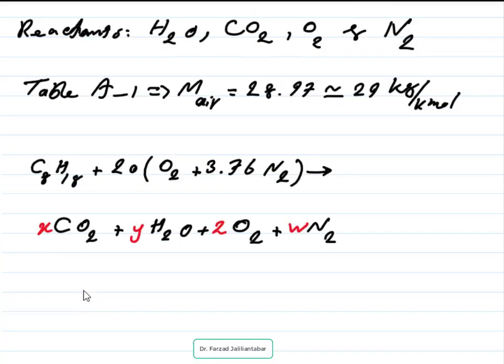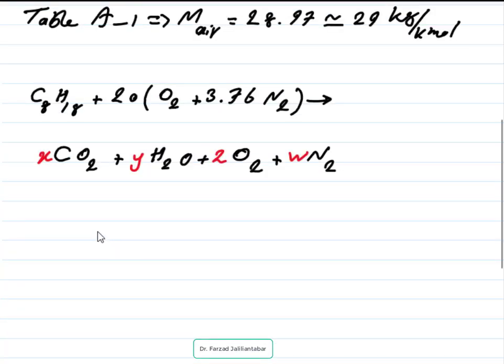According to the conservation of mass, the number of atoms on the left side of this reaction should be equal to the number of atoms on the right side, in the products.